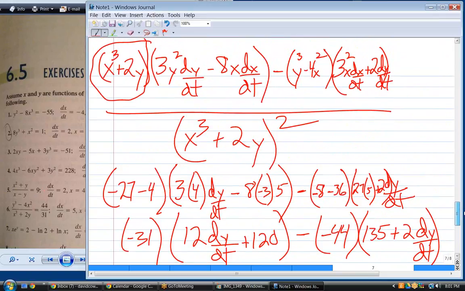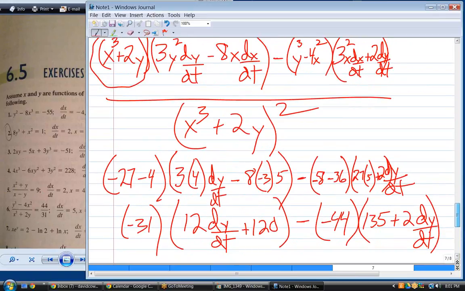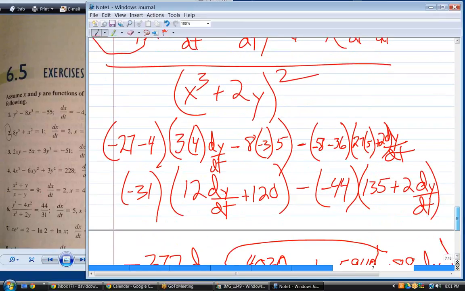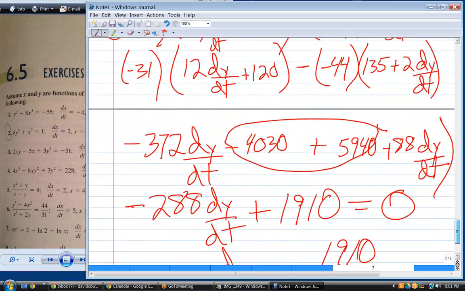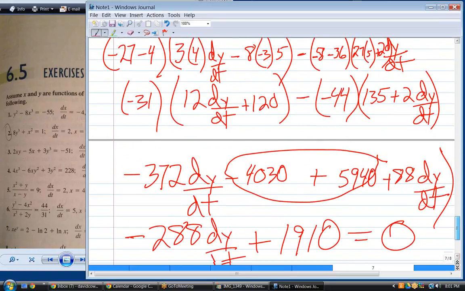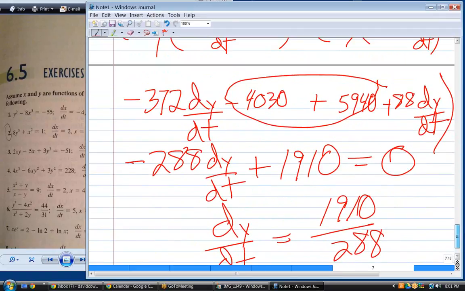And I did it again. Oh, the bottom. I sure did. So let's see. Let's go back to, this is all the top, right? Yeah, in other words, this is the top.